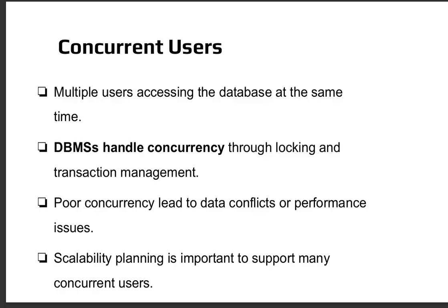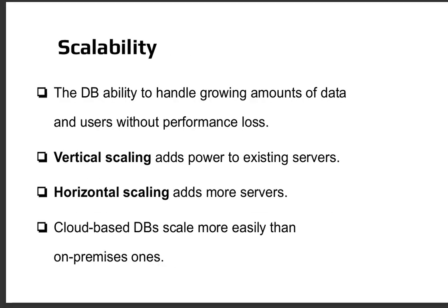We want to ensure that we have scalability plans if we have an increase of the amount of users. Scalability is the ability of our database to handle an increase in not only the amount of data, but the amount of users. There are two types of scaling, vertical and horizontal. Vertical scaling is adding additional capacity to existing servers.